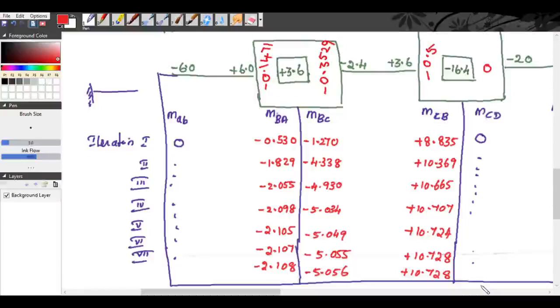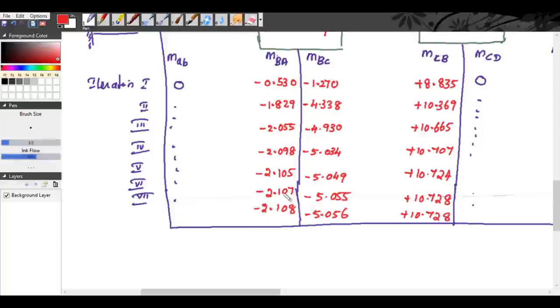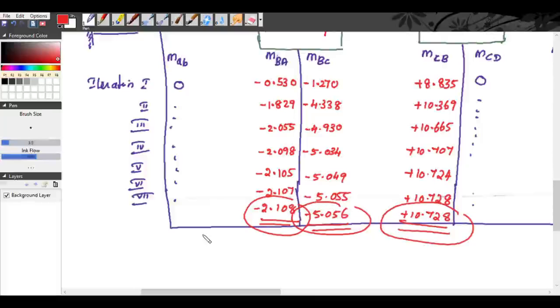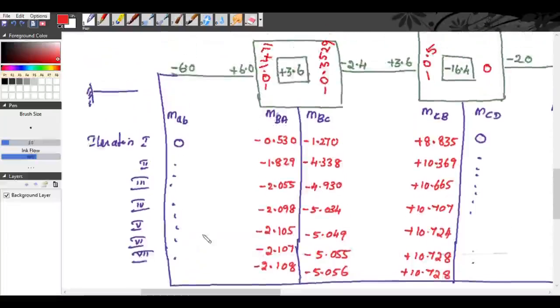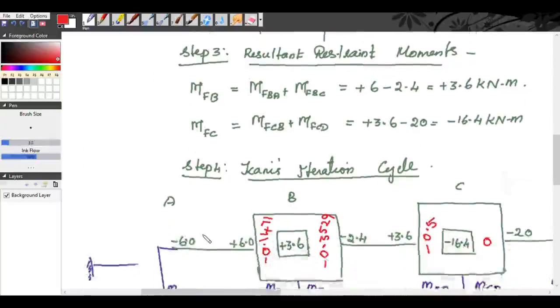So now the last values should be considered for MBA, MBC and MCB. The values obtained for the last iterations should be considered for calculating the final end moments. So our steps, how many steps are over? 5 steps are over.